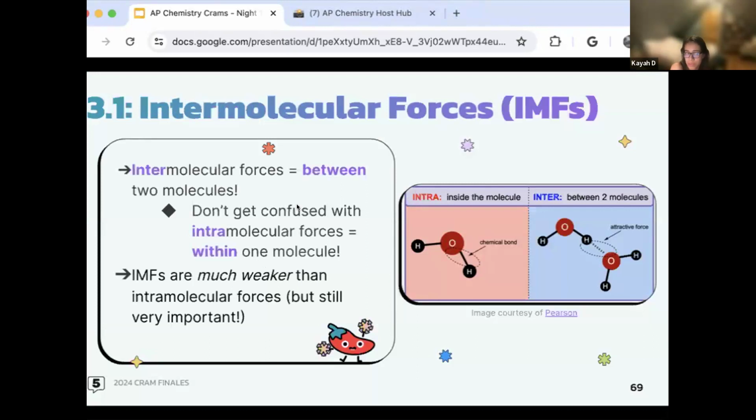So don't confuse them. Also, intermolecular forces are much, much weaker than intramolecular forces. It's easier to separate the intermolecular forces between two water molecules versus separating the H and O atoms inside the molecule itself.